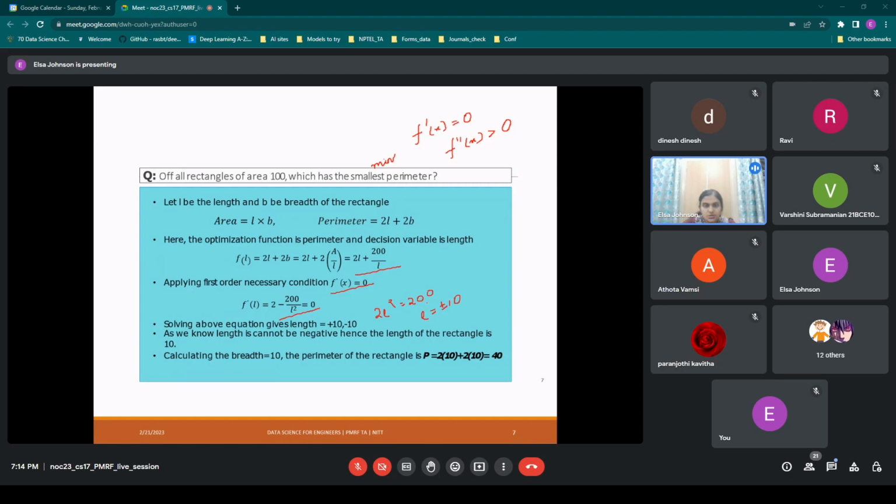So you don't have to go for the double derivative because length cannot be negative. So we'll take this as 10, and then the breadth is 10, then we can find the perimeter. We don't have to calculate any second derivative in that equation, because physically minus 10 is not possible.